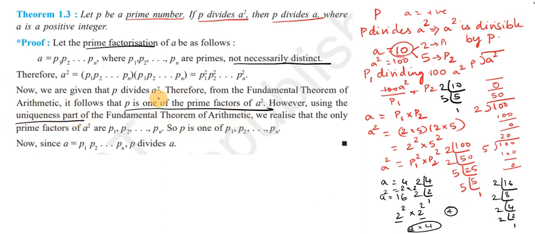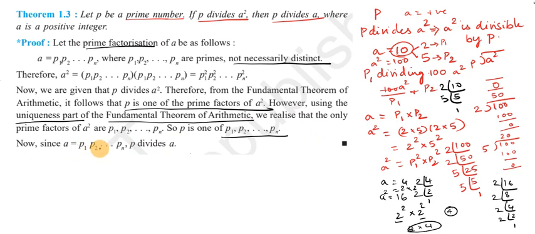If you need to brush up on this, you can see the fundamental theorem of arithmetic on page number 8 in your textbook. From this we realize that the prime factors of A square are P1, P2 till Pn. So P is one among the P1 or P2 or P3 or anything.